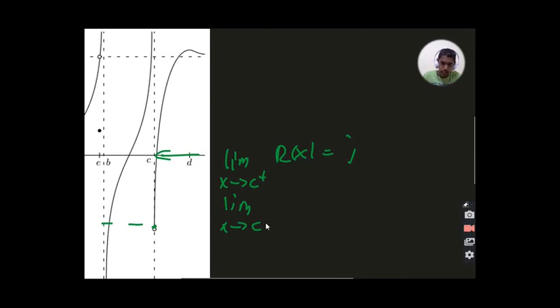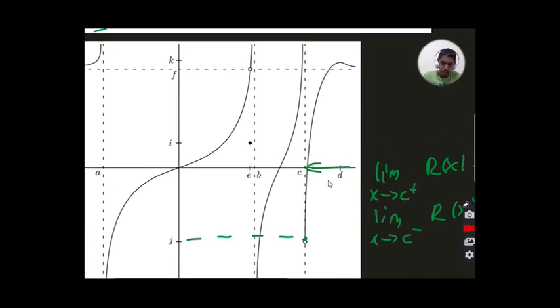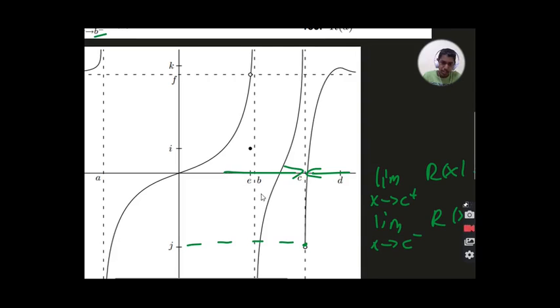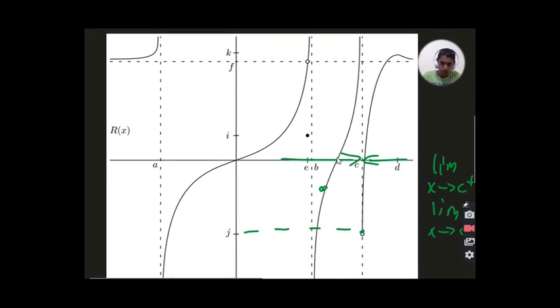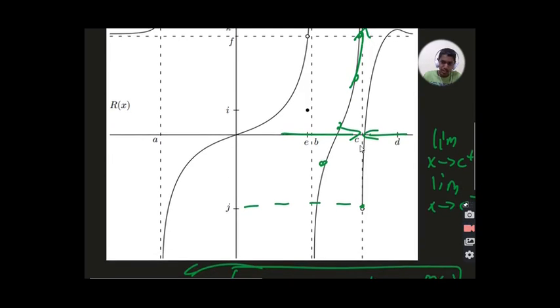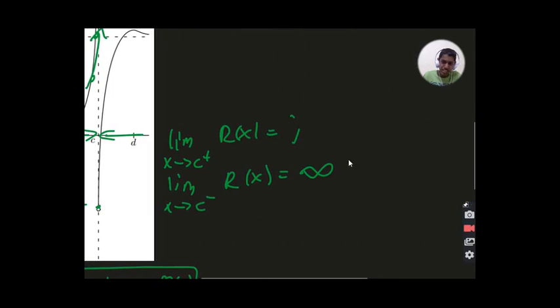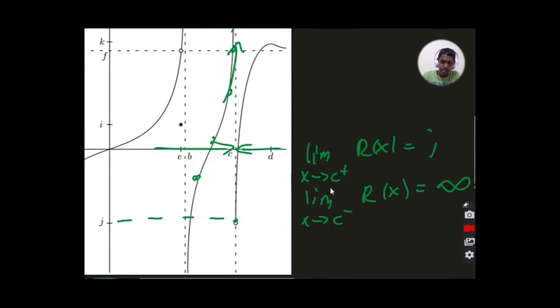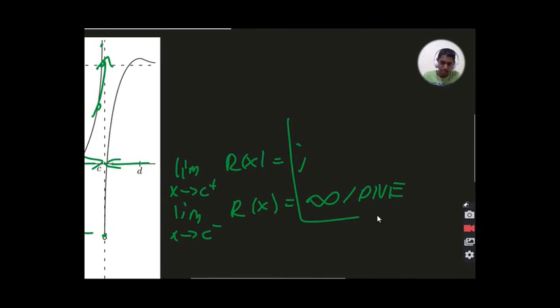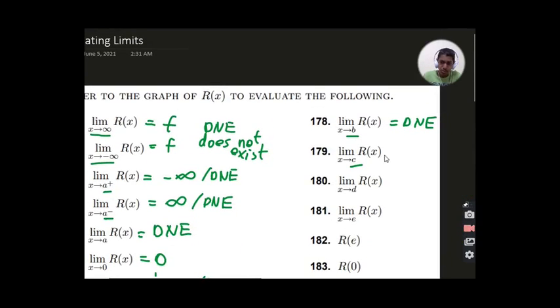But if we try and find the limit as x approaches c minus of r of x, what is that going to be? Well, we're coming from this way, and so where does r of x go? We can see it just skyrockets up to positive infinity as we approach c from the left side. So that means these are not the same, so that limit also cannot exist.